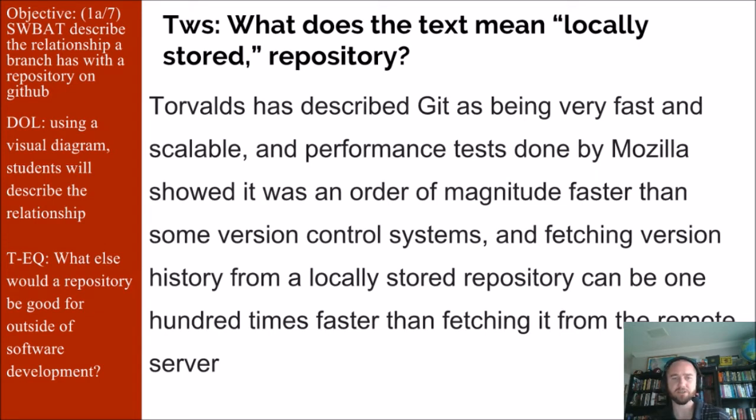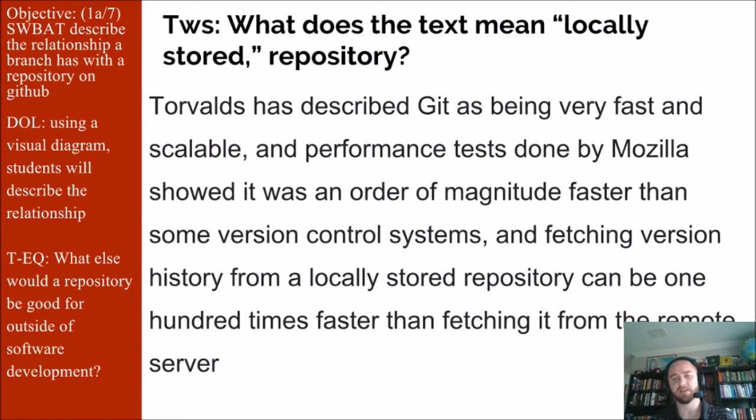Fetching version history from a locally stored repository can be 100 times faster than fetching it from the remote server. So what that's saying is, when you store something locally, you're storing it on your machine, your laptop or your desktop. The entire repository itself is sitting right there for you to access, rather than making a request or going to a web page and asking for that repository over hundreds of miles.